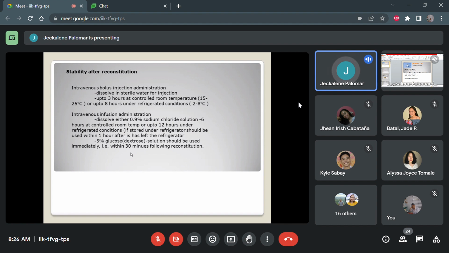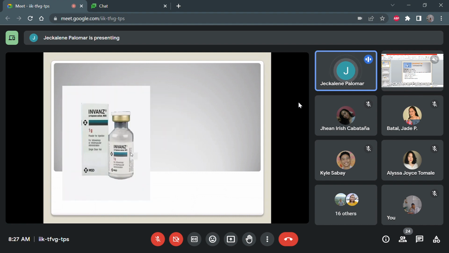For intravenous infusion administration, dissolve in sodium chloride solution, good for 6 hours at controlled room temperature or up to 12 hours under refrigerated conditions. If stored under refrigeration, it should be used within 1 hour after it has left the refrigerator. With 5% dextrose solution, it should be used immediately, for example within 30 minutes following reconstitution.